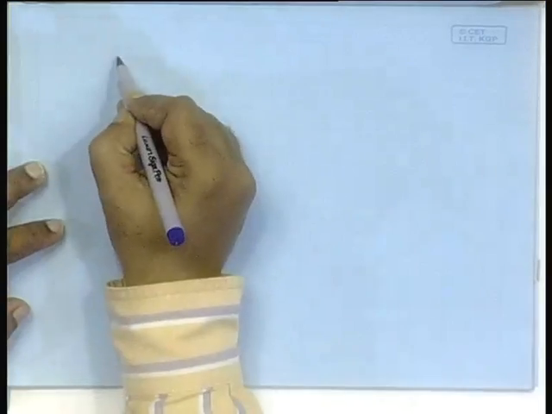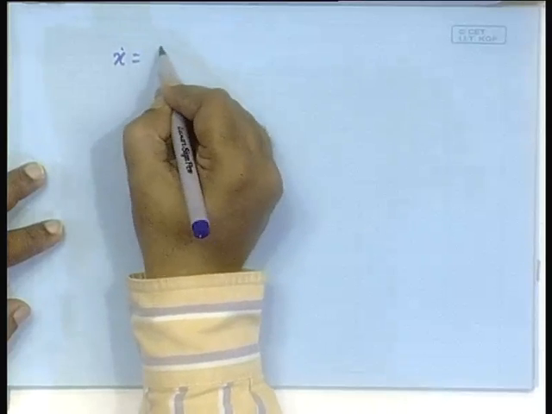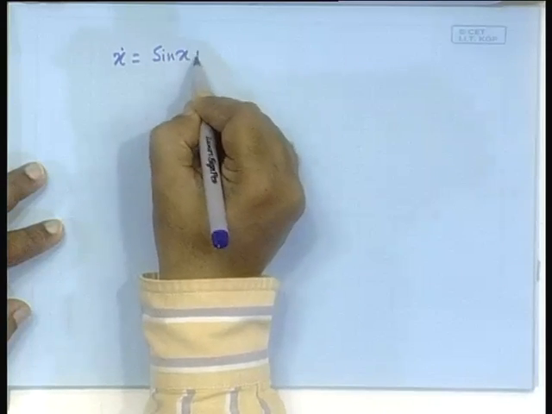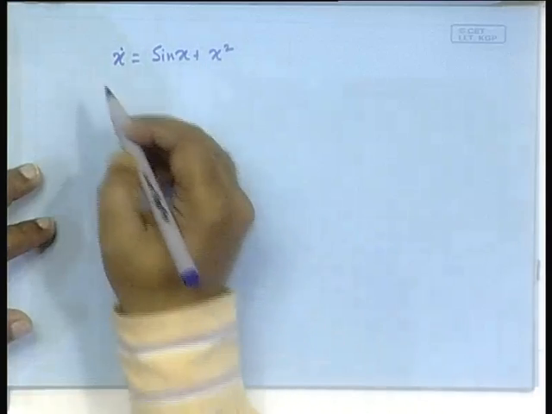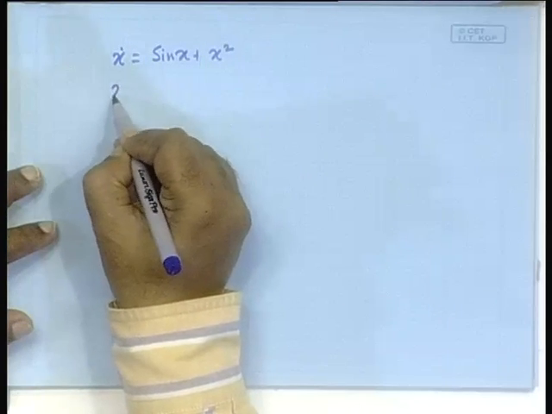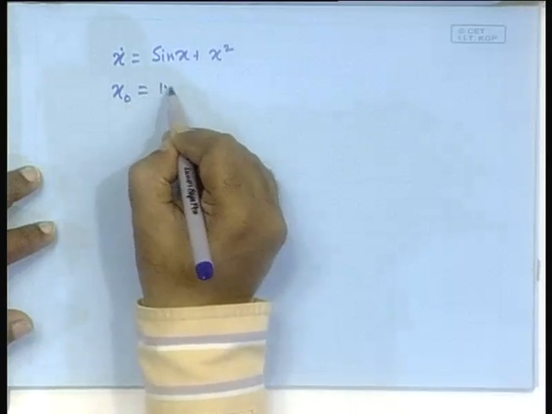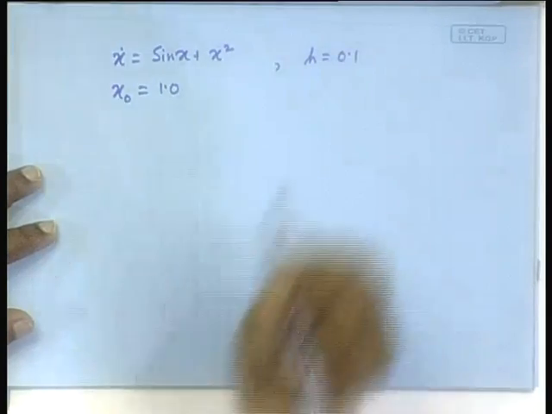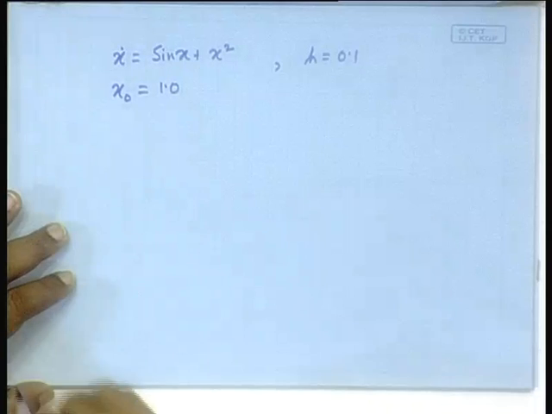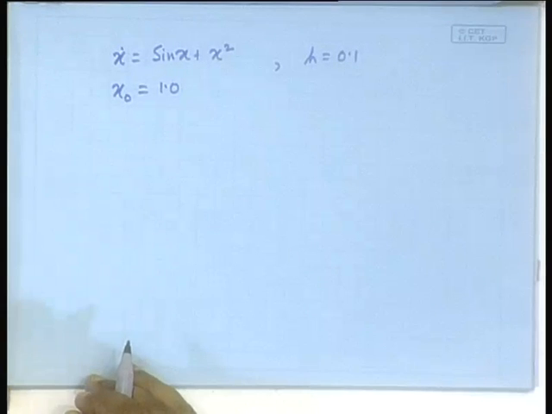Our problem was x dot is equal to sin x plus x square, our x naught was 1.0, h was 0.1. We now calculate with the help of the trapezoidal rule.